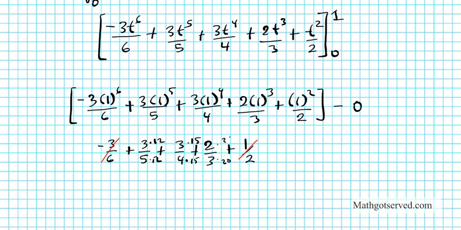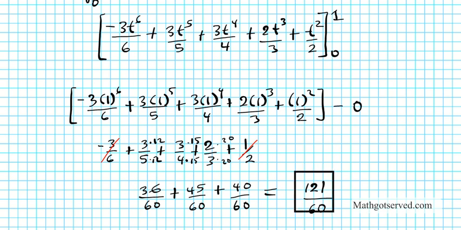Working on my fractions, I'm going to end up with 36 over 60 plus 45 over 60 plus 40 over 60. If I add all the numerators together, I'll end up with 121 over 60. And there goes the work done by this variable force from t equals 0 to t equals 1 along the position function that was given earlier.